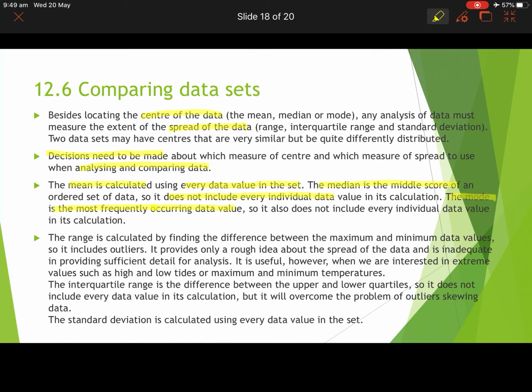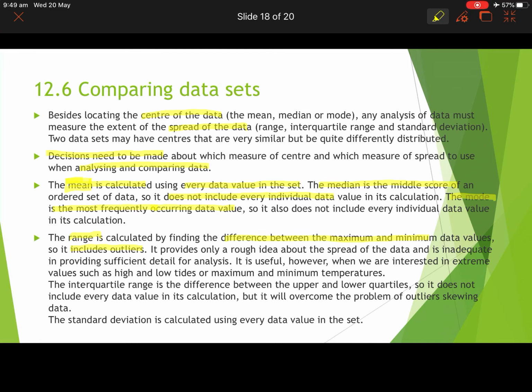Out of that, the mean is probably the most important because it takes into account every data value in the set. With spread, the range is calculated by finding the difference between the max and the min. But the problem with that is that it includes outliers, which can really skew the spread of your data if you've got a really big or a really small number in your set.